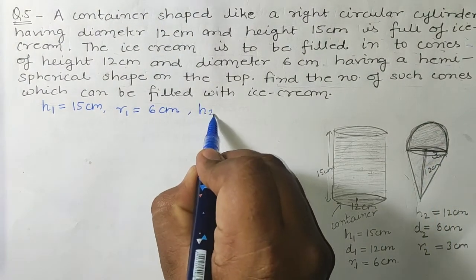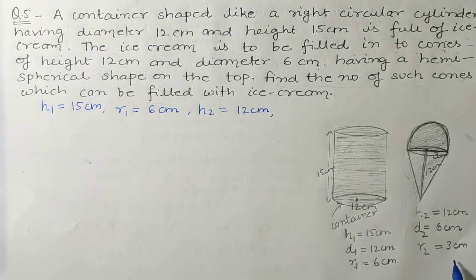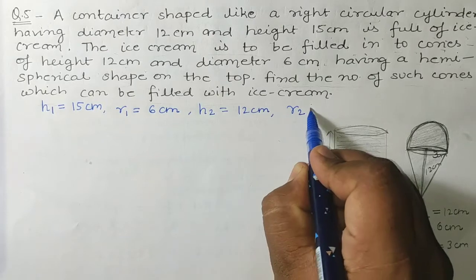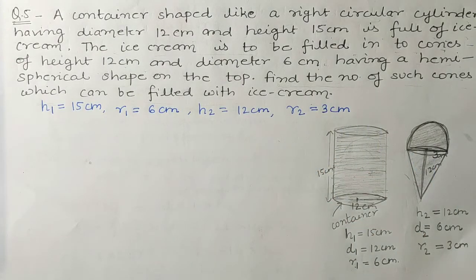H2 is given 12 centimeter, and the radius of this cone is 3 centimeter because the diameter is given 6 centimeter. Since the hemispherical shape is like this, its radius will also be equal to 3 centimeter.